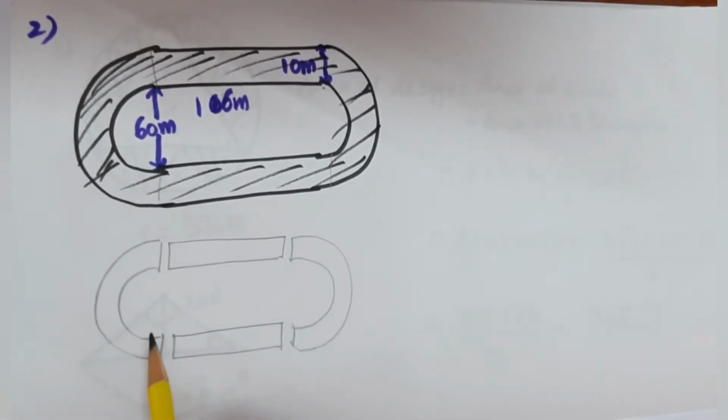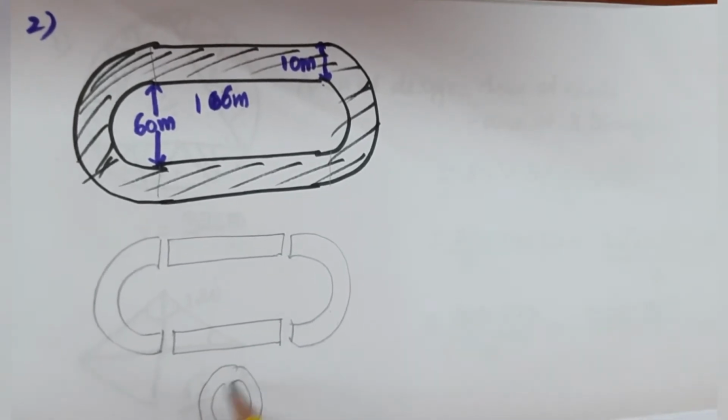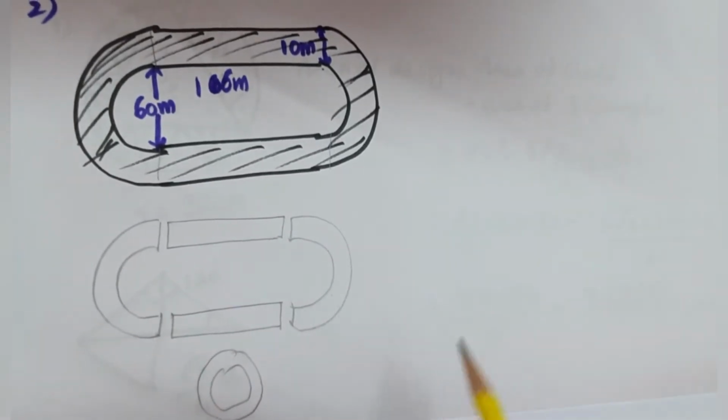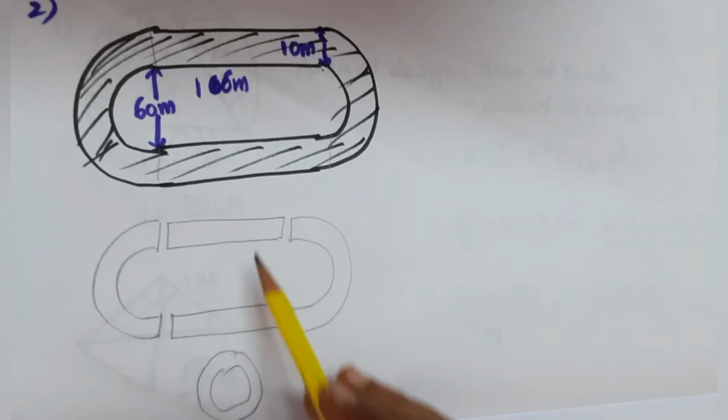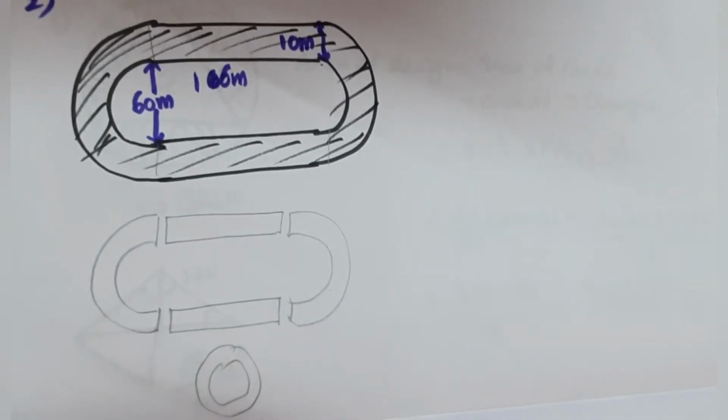So, if we join these two semicircles, we are getting a circular ring in this way. If we find the area of the two rectangles as well as the area of the circular ring, we will get the answer. Right. What is then?